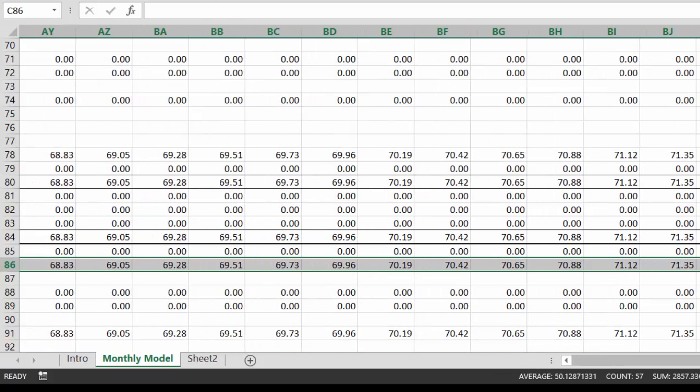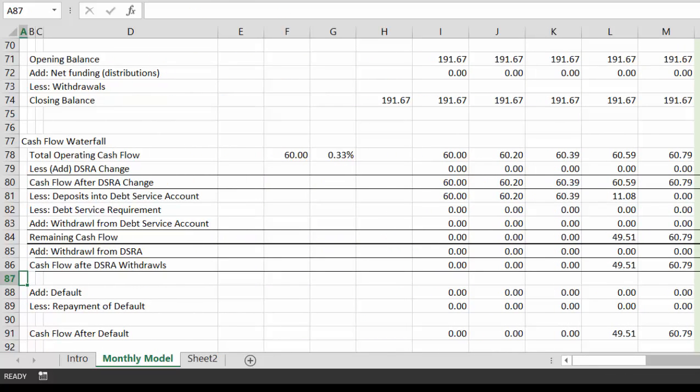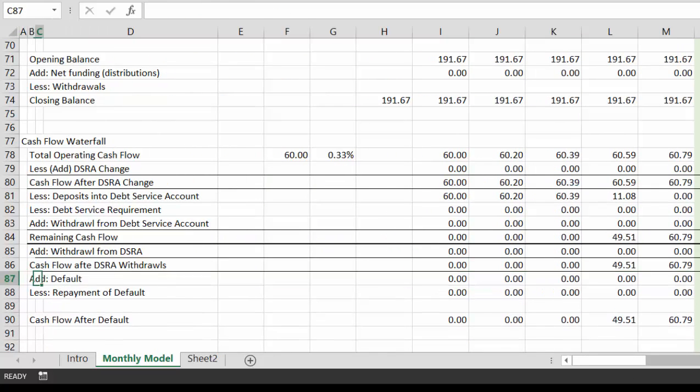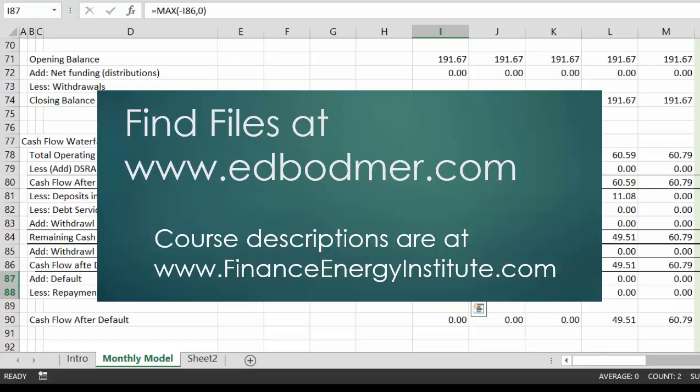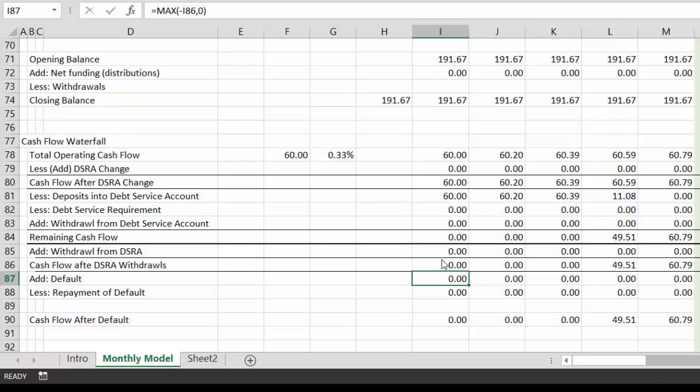I have no idea how to spell that, really. And then we take our default, and this default should be against this one, and the negative amount should be against this one. Hopefully I did that. Okay, I'm going to assume that has that.